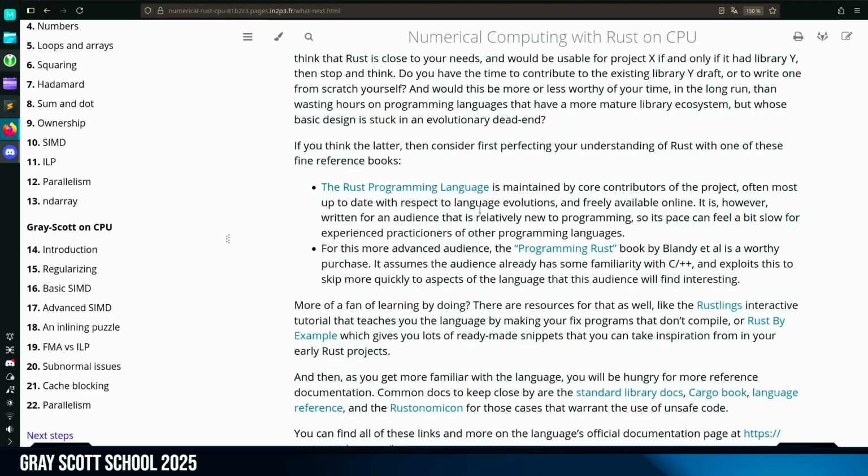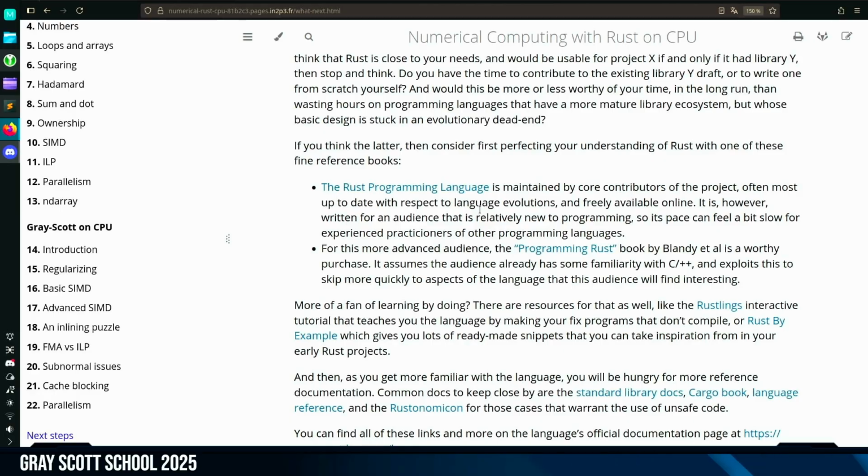You can also buy a printed copy from O'Reilly. It's, I would say, more targeted to people with low familiarity with this language family of Rust, C, C++, Fortran. It does quite a good job at introducing the language, and it's always the most up-to-date book you will find because it's maintained by the Rust language teams.